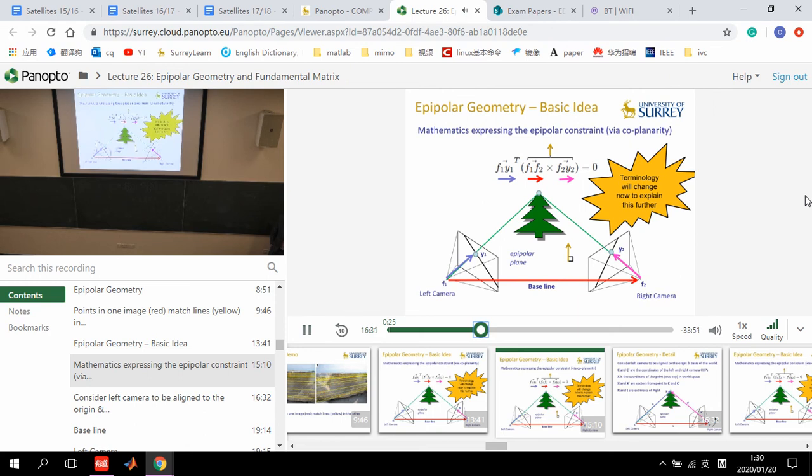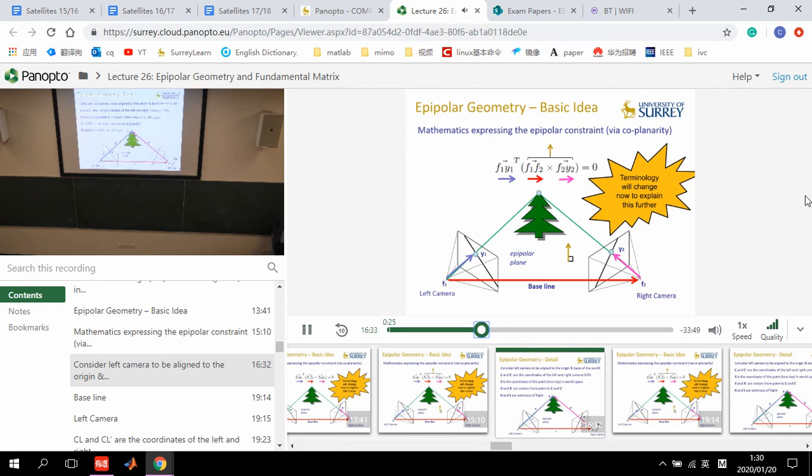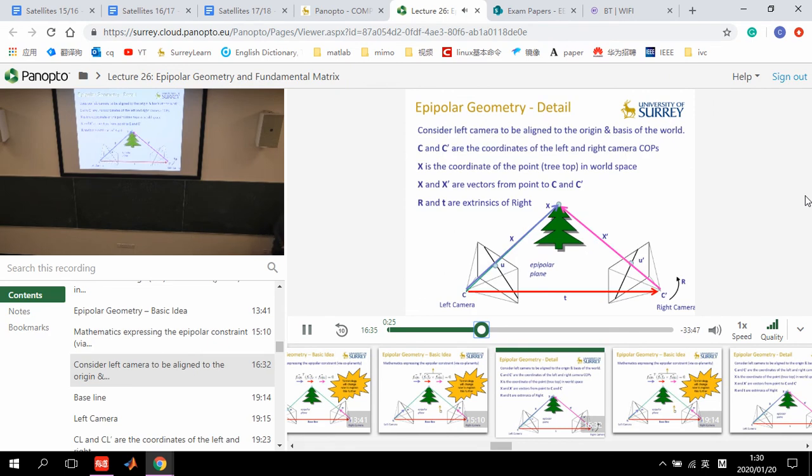Yeah? All right. We're now going to introduce some simplifying assumptions. First of all, when we talk about the epipolar constraint, we're talking about the relative geometry of one camera to another.